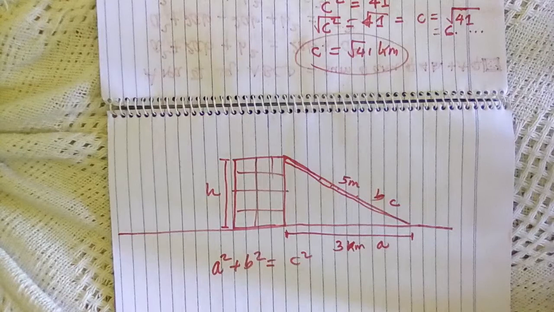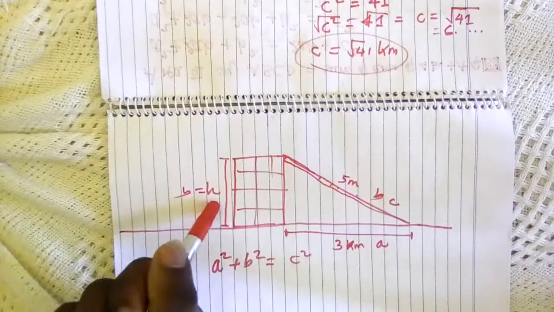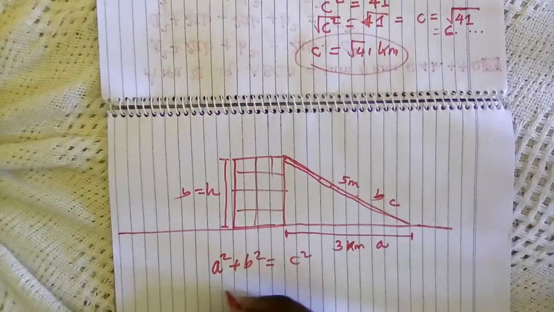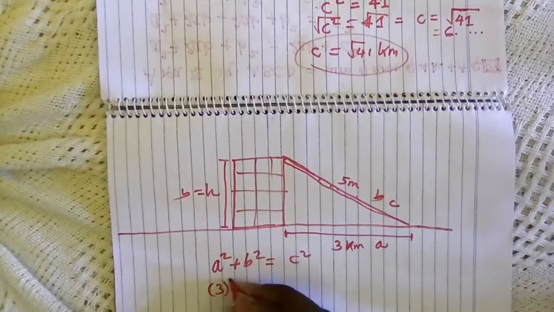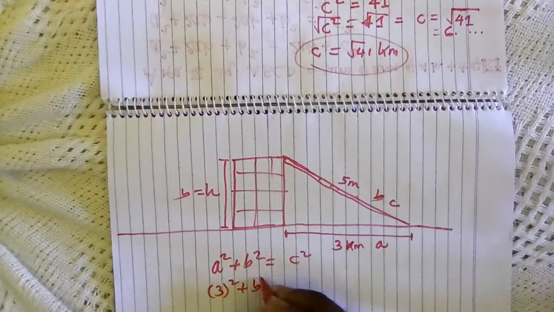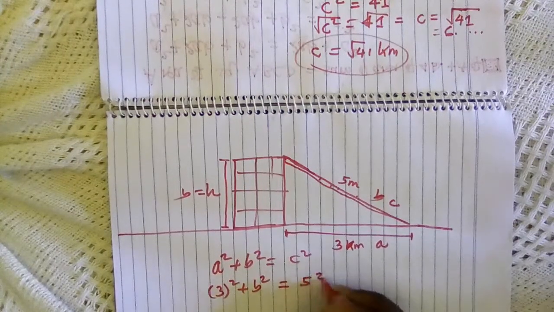That's what we're looking for. Or we can just say this is b, but I'm going to use h since this is the height. Alright, so we have 3 squared plus b squared equals 5 squared.